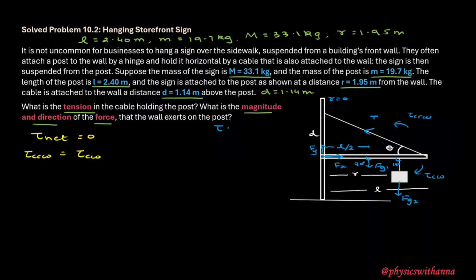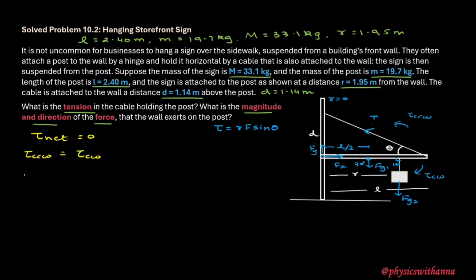Now we write torque tau as r F sine theta, where F is the force producing the torque, r is the distance of the force from the axis of rotation, and theta is the angle between them. For counterclockwise torque, it is produced by tension T. Its distance from the axis of rotation is L because it's at the other end of the post.